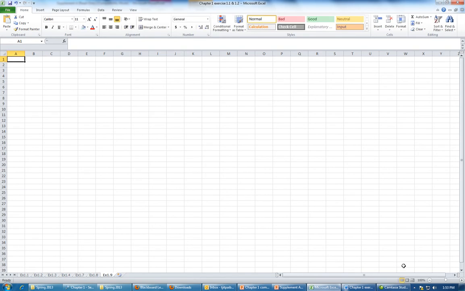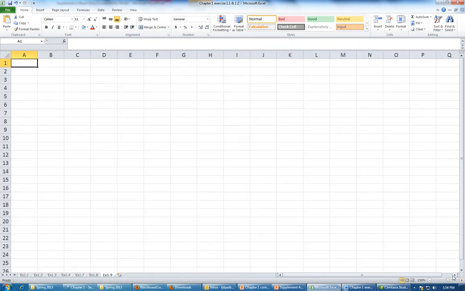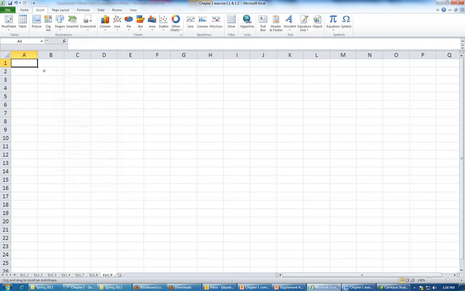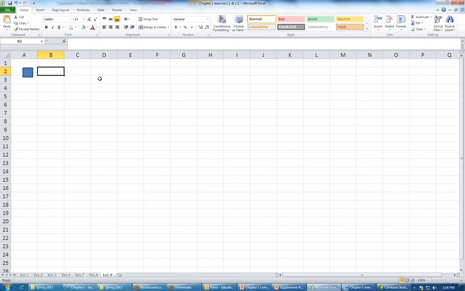On this exercise we are going to use a drawing tool. First we're going to start out with a rectangle. That one will represent what we call a decision node.